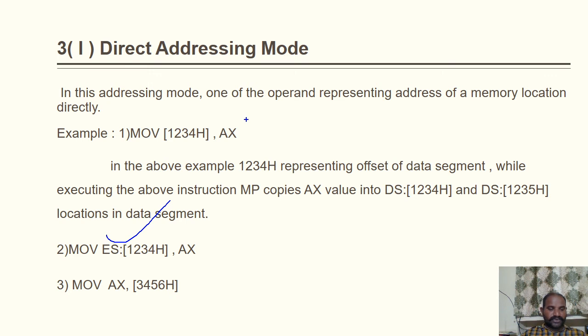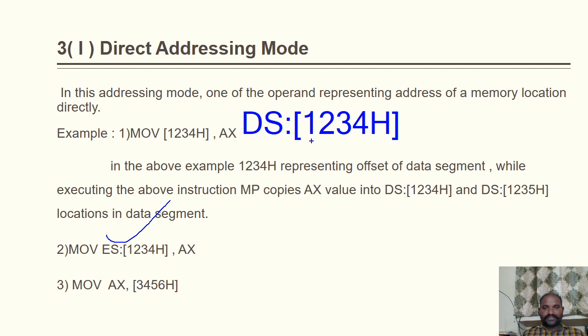Without representing the full 20-bit form, the default segment register is going to be the data segment. But if I want to store the data into the extra segment, I am supposed to explicitly mention the address in the 20-bit physical format.